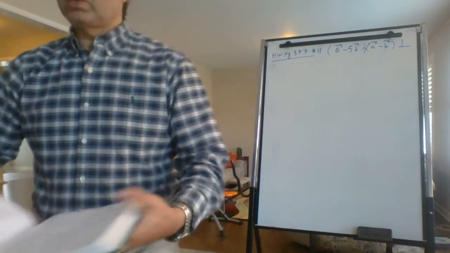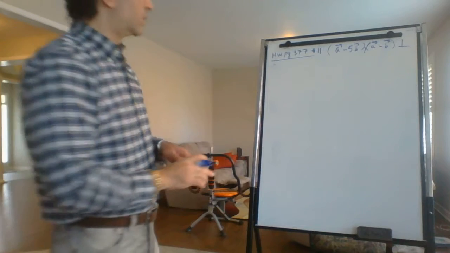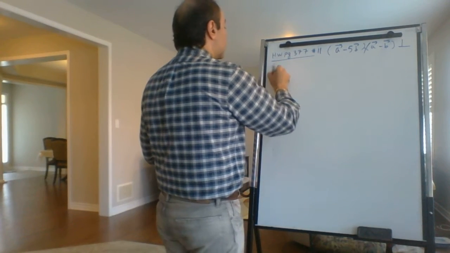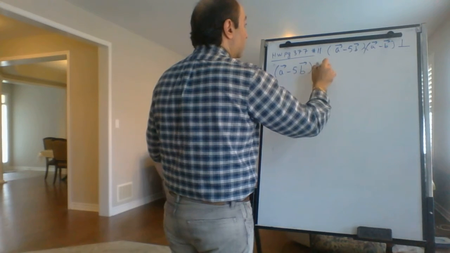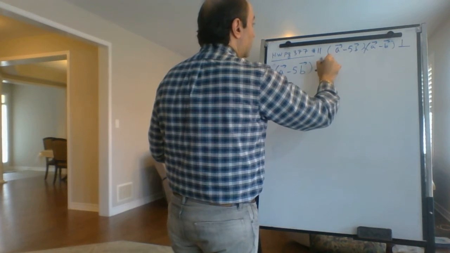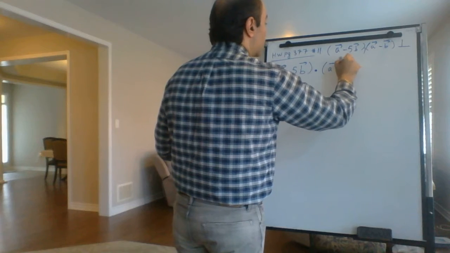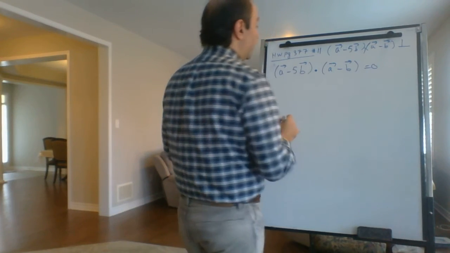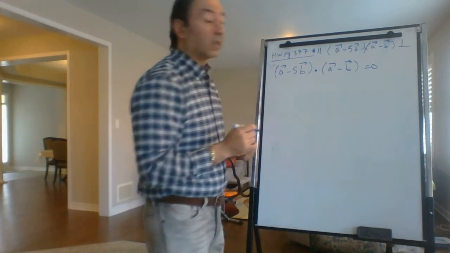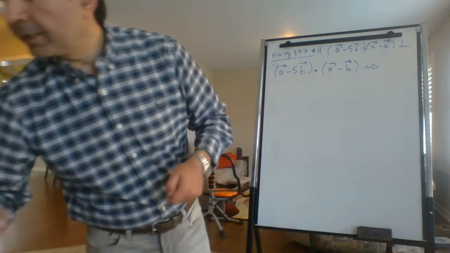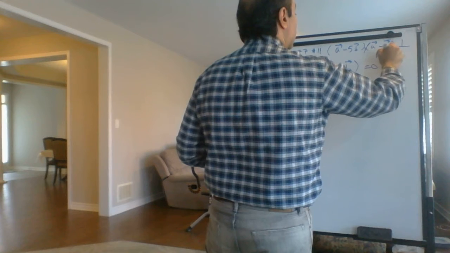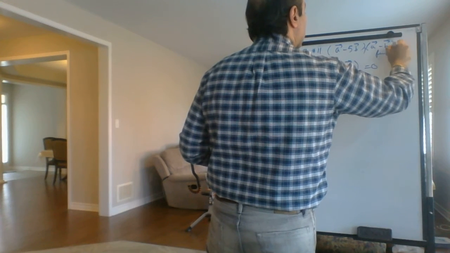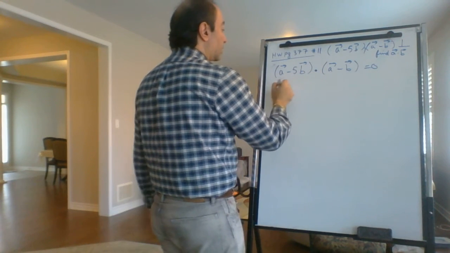When we know what we know about perpendicular vectors, the dot product of them has to equal 0. So I'm going to use this fact to find A dot B. I'm going to do the distributive property.